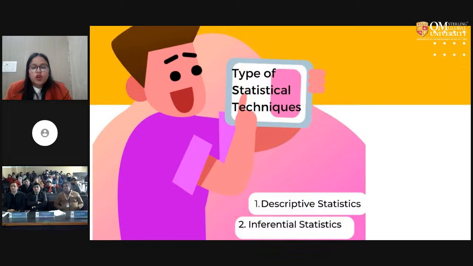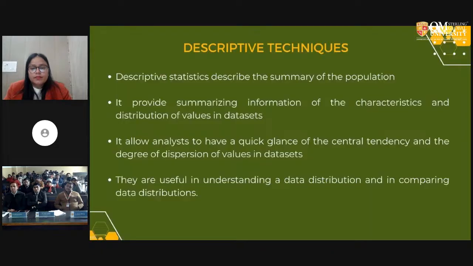Now we are going to talk about the types of statistical techniques we have, that is descriptive statistics and inferential statistics. Next. Now, talking about the descriptive techniques available to us, descriptive statistics just gives you a summary of the population, when we have collected data and want to summarize that information.